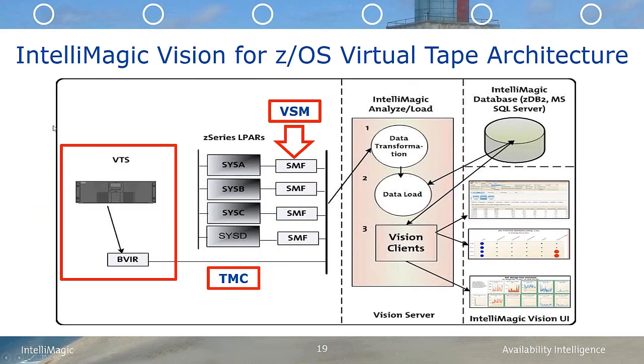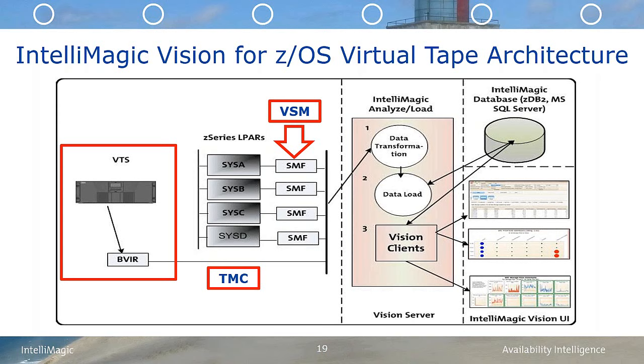Just as an introduction to the architecture, here's how the process works. We gather data from a number of sources. On the left-hand side, if you have a TS7700, we use the BVIR function to gather all the BVIR statistics from that 7700. We also gather from your z-series LPARs all of the SMF data relating to tape.